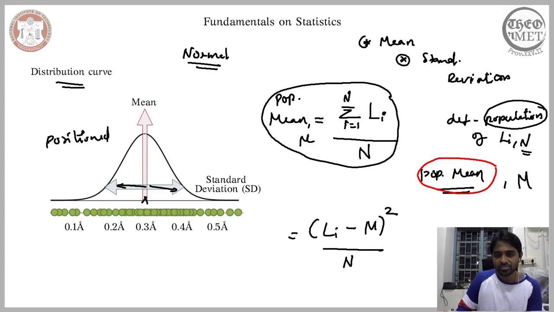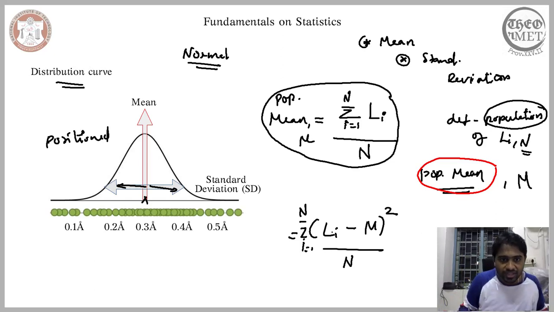So essentially you are considering the sum of all the differences between the individual lattice parameters and their mean.